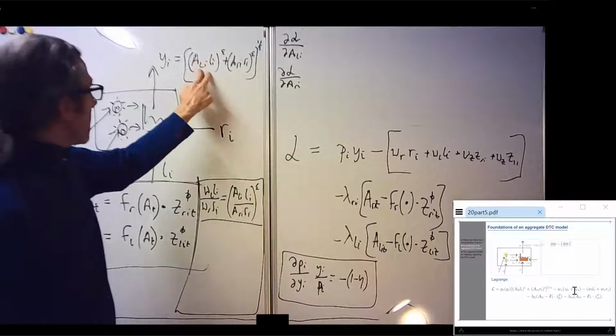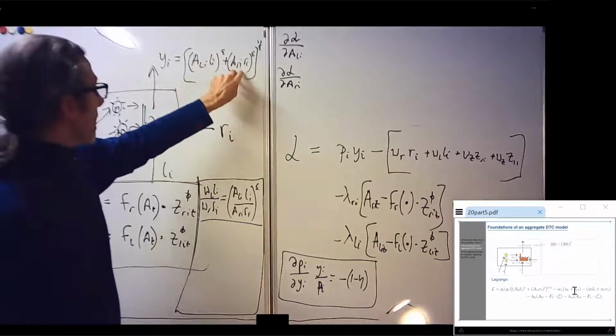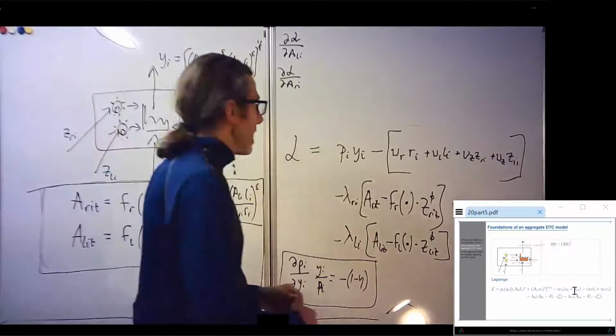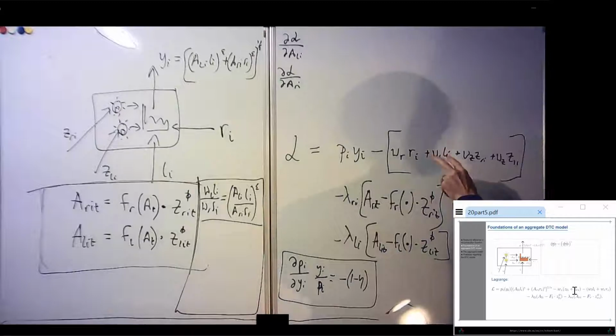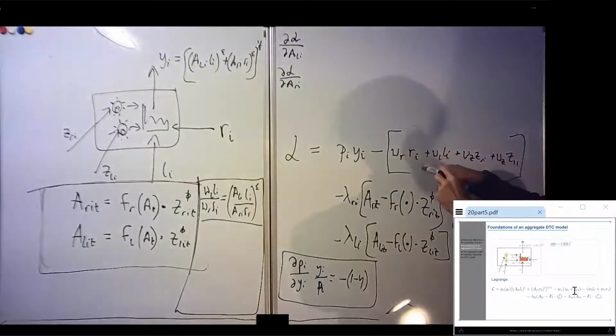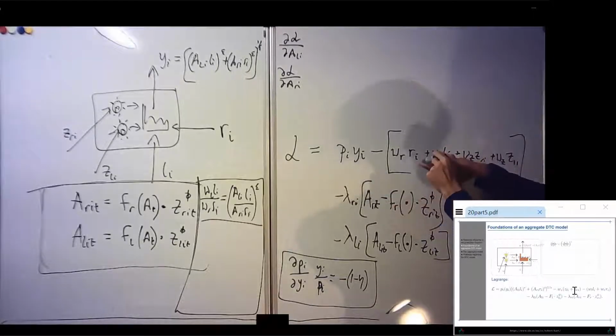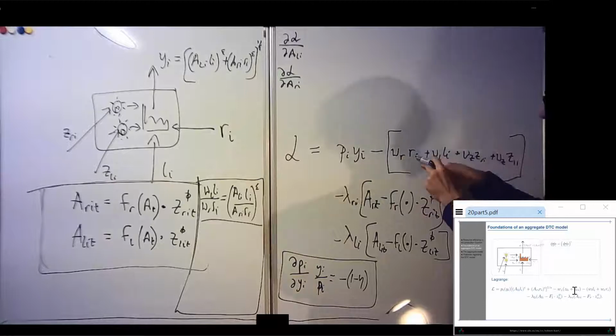Nothing changes here, right? And the same thing here if we switch A_Ri and R_i. But also here, we should have t's everywhere really.